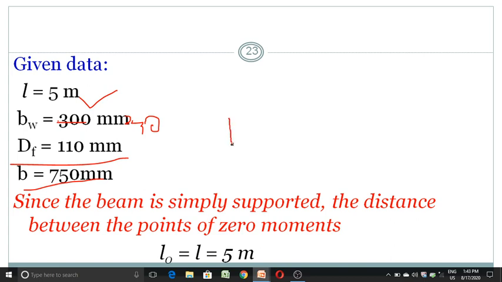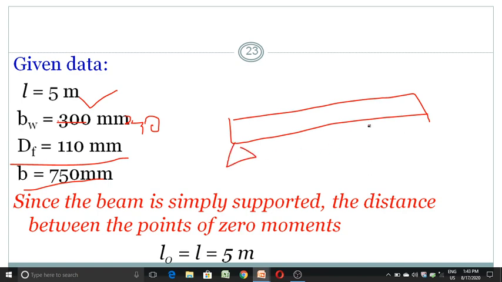As you know, we are calculating effective width of the flange for simply supported case. You know, the simply supported case is like this, where the bending moment we get for the simply supported beams are at the support. So the L0 can be calculated, the distance between the zero bending moment points, so that is equal to L. So for this beam, L is equal to your L0, because we are getting effective length from the center to center distance between support, and at the same time in the center of the support we are getting a zero bending moment for simply supported beam.